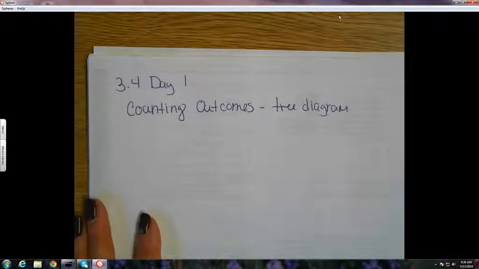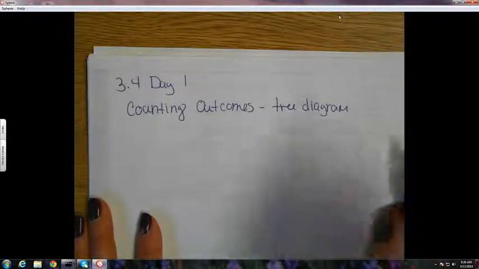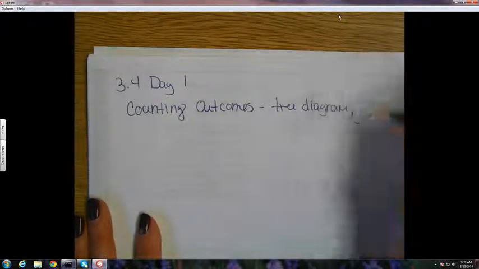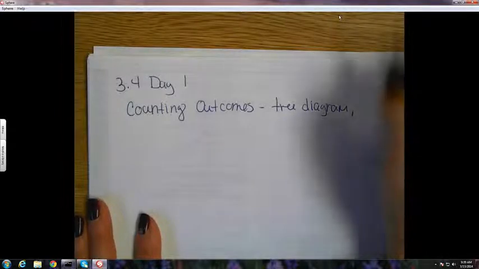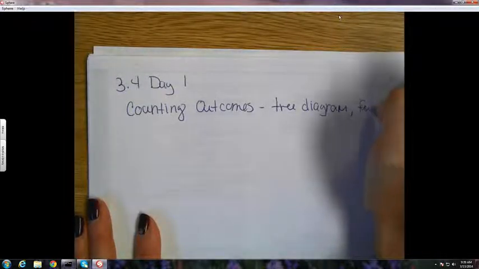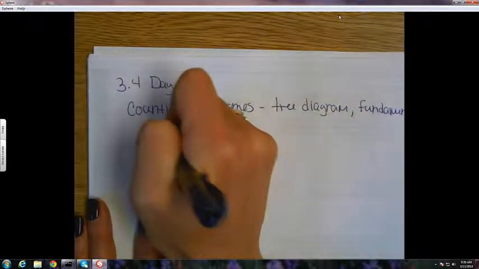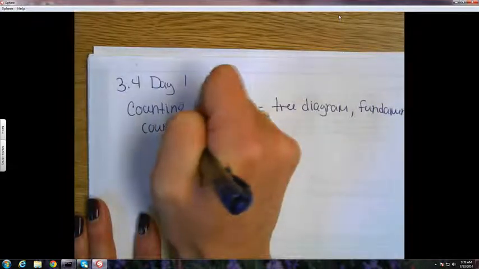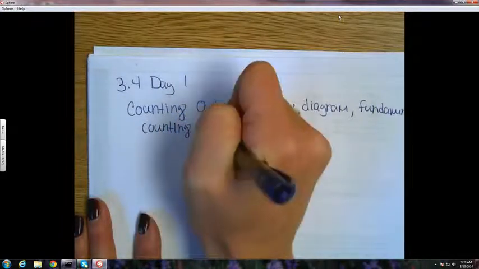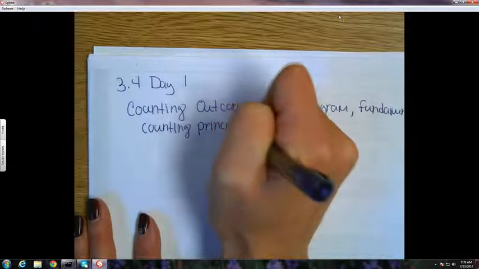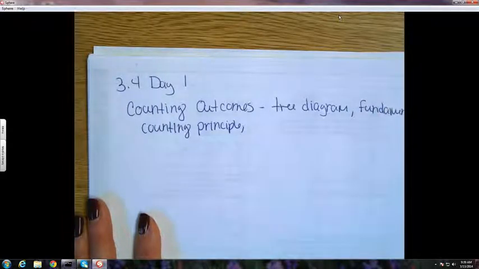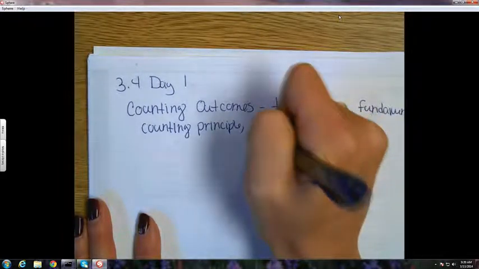And the first one we're going to talk about, let's see, tree diagram. Today we're going to do the fundamental counting principle. And we're going to get into permutations and combinations.